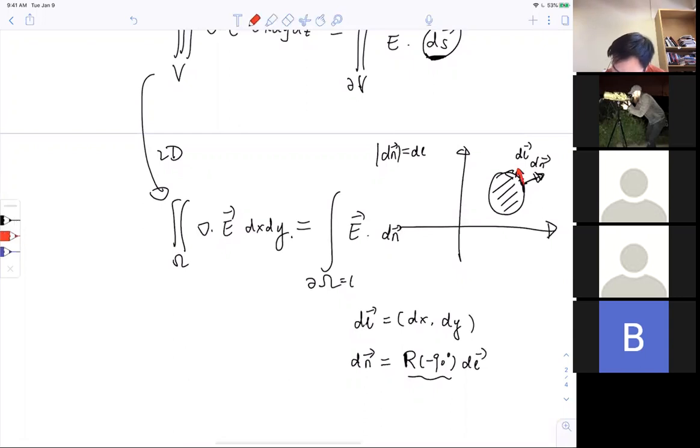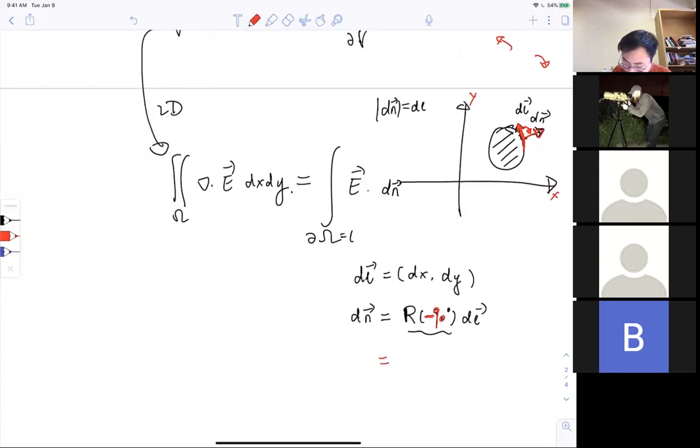This red vector is dl, which we usually use for line integrals, but here dn is a vector that's normal to that line. So you rotate this dl clockwise. Because we're using this xy coordinate, we usually say rotating counterclockwise is a positive angle, and rotating clockwise is a negative angle. So here it is negative 90 degrees, right?